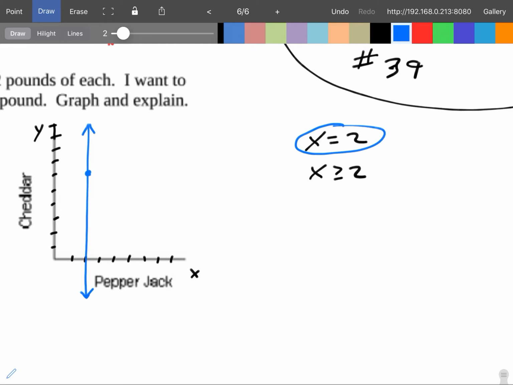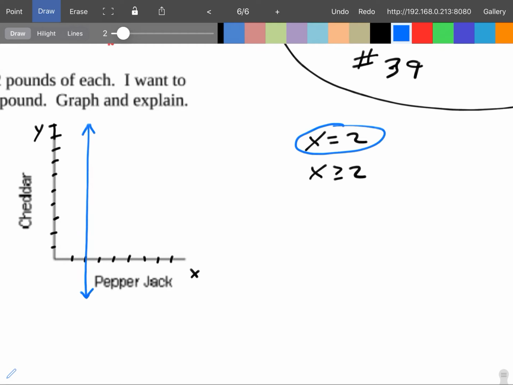Because every single x coordinate, like if I pick a point on here, that x coordinate is 2, right? That x coordinate is 2. So all the x coordinates are 2. Okay?